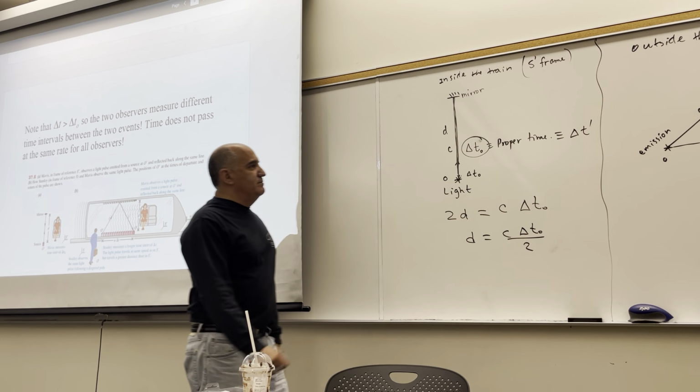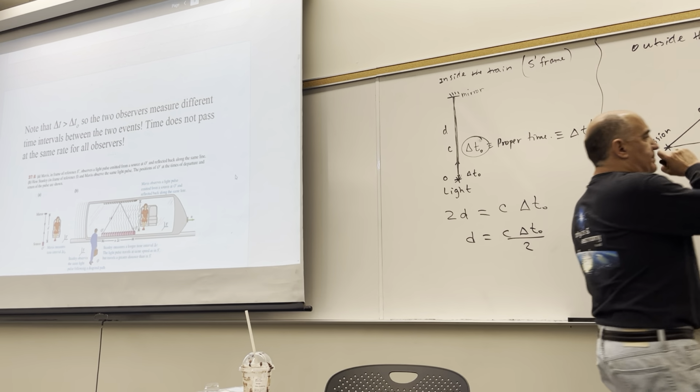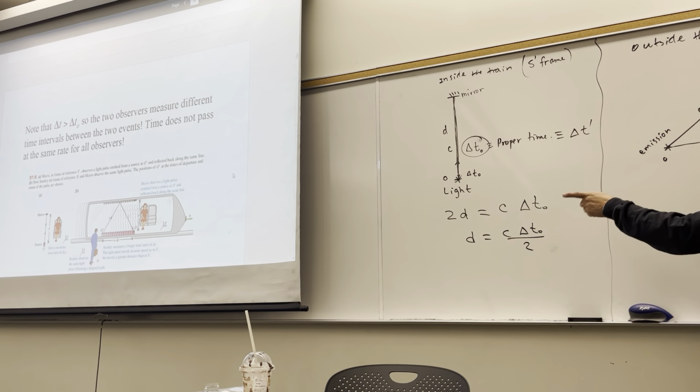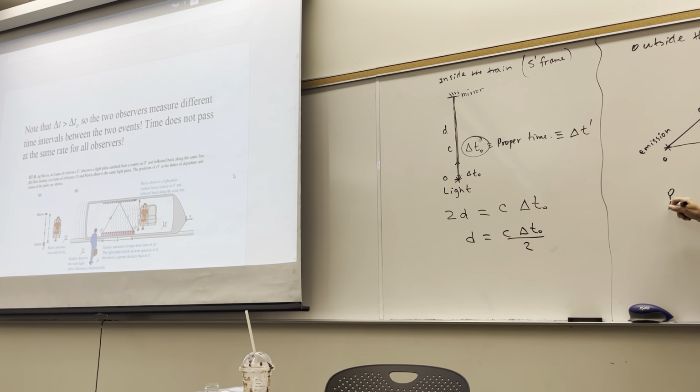And from symmetry, what will be to this person outside? This person measures delta t. That's the S frame without the prime, for the whole process. Delta t. So how long does it take the light to go from here to here? One half delta t.